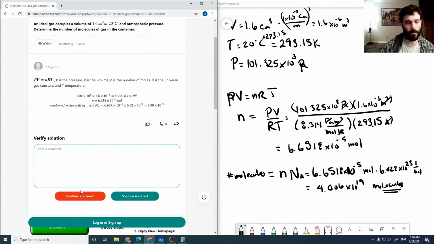So I think there was a calculator mistake there. 4 times 10 to the 19. Mostly correct, just a small mistake at that point.